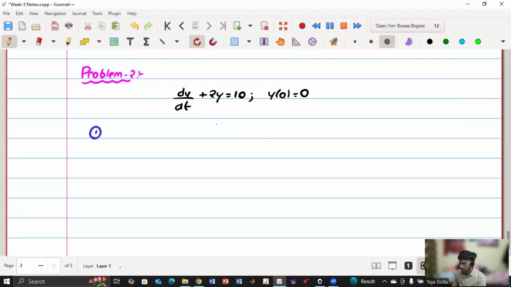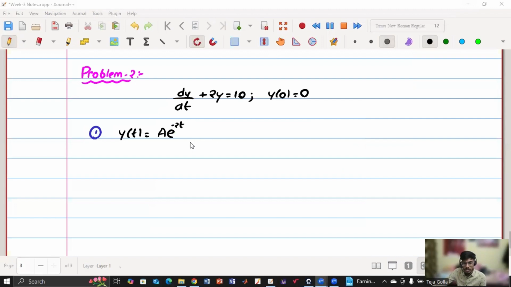Can anyone tell me what is the generalized expression for this solution y of t? y of t is equal to A into e to the power minus 2t. Okay, so what will be the other term? Anyone?